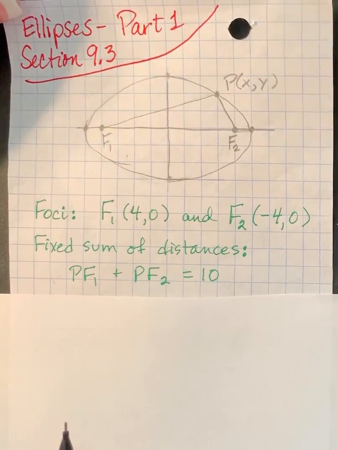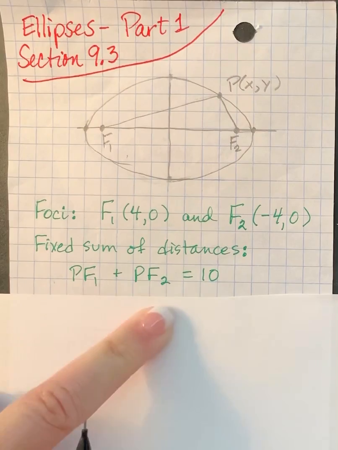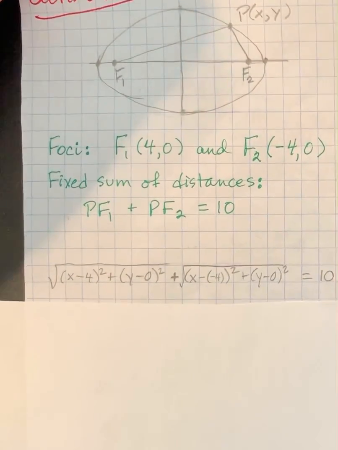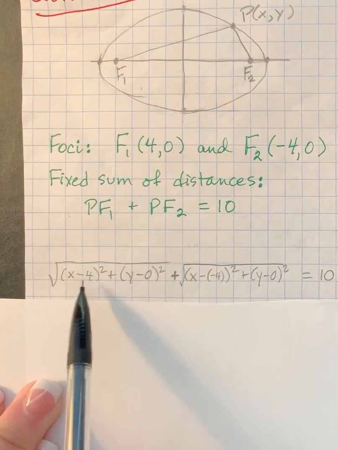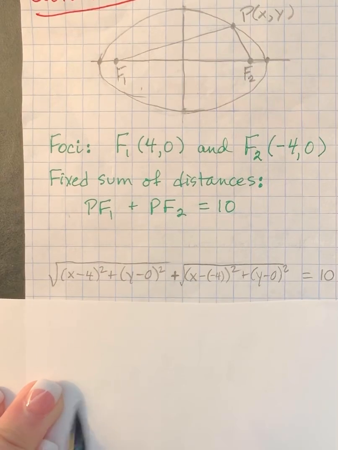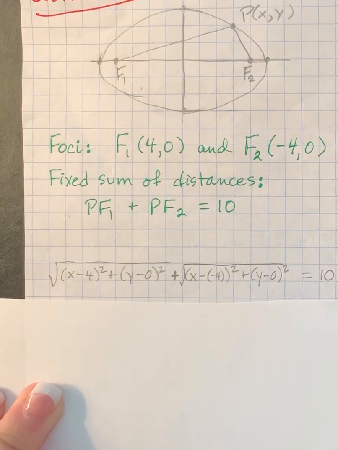Now, if you just work with this, the distance PF1 plus the distance PF2 equals 10, you will come up with this equation. Here's where I used the distance formula for each one, added it together, said it would be 10. All right, we probably won't work with this very much, but that is formally how you would start.